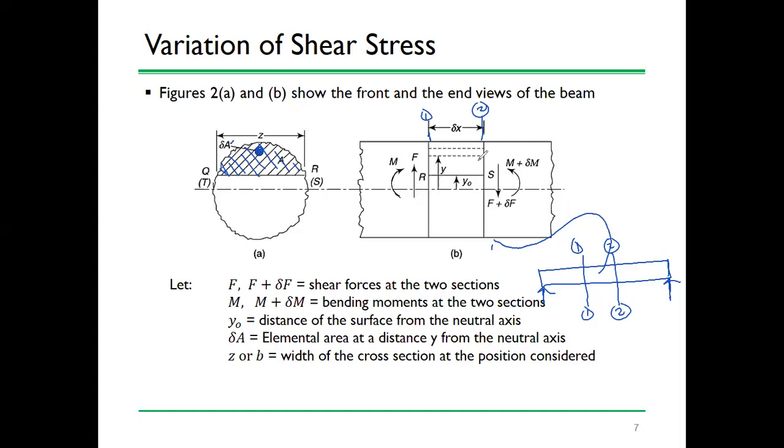Now, we are looking at bending moment and shear force acting at the same time. So first of all, at section 1, if we have moment M and shear force F, then by the time we get to section 2, it would have changed. So there will be some additional moment to the original moment, and some additional shear force to the original shear force. That's why you have M plus dM.